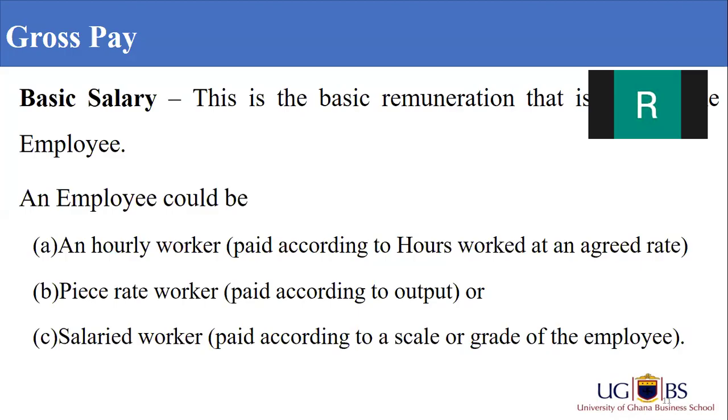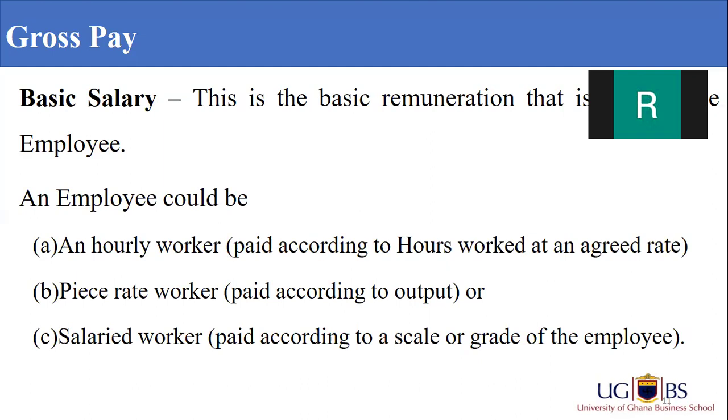So if you are being paid, let's say, 10 cedis per hour, then 10 cedis per hour. So if you work, let's say, 24 hours, then it's going to be 10 times 24, right? So that's it.